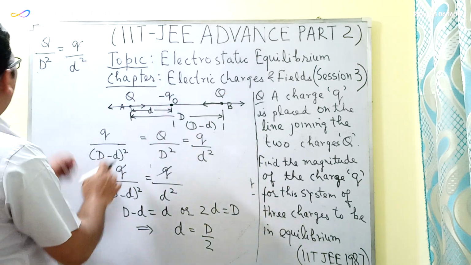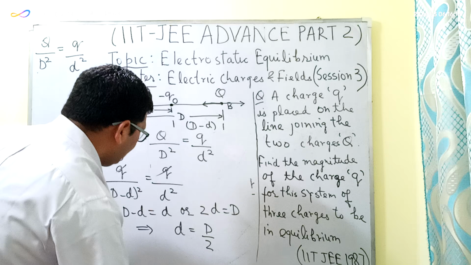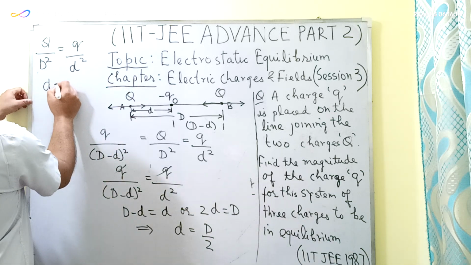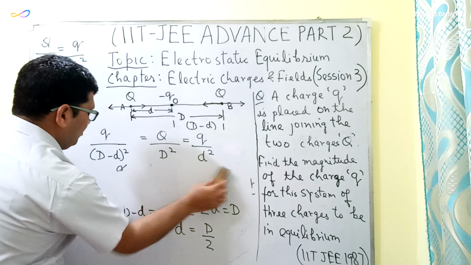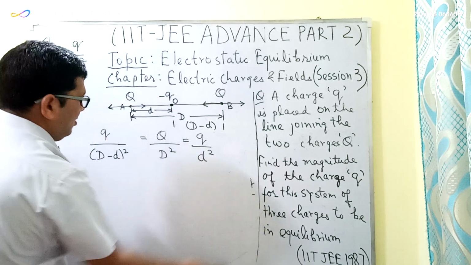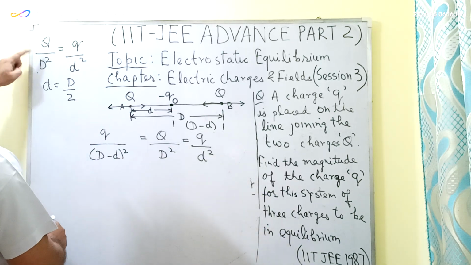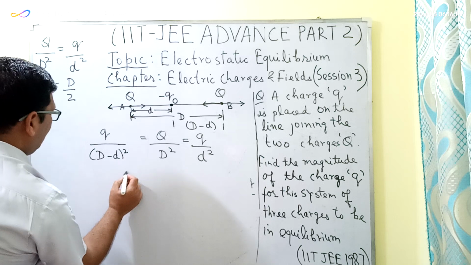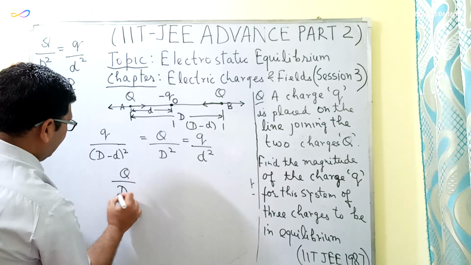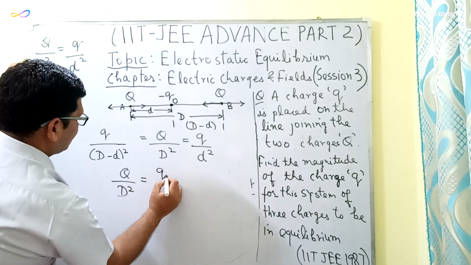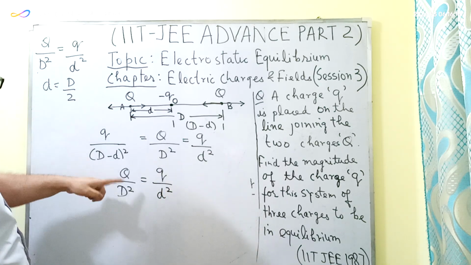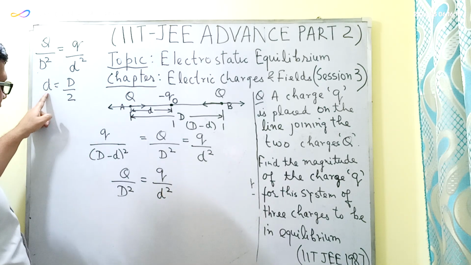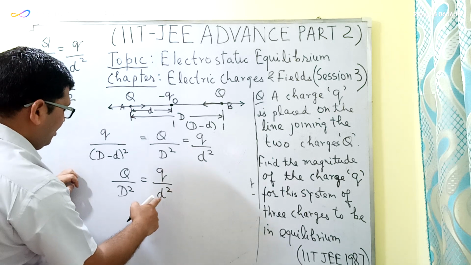So now substituting this value, d is equal to D by 2. Now we know that Q upon capital D square is equal to small q upon small d square. So I will be substituting the value of small d as D by 2.